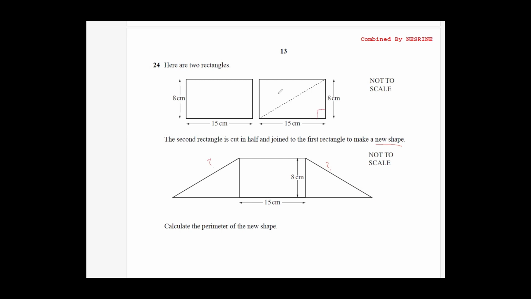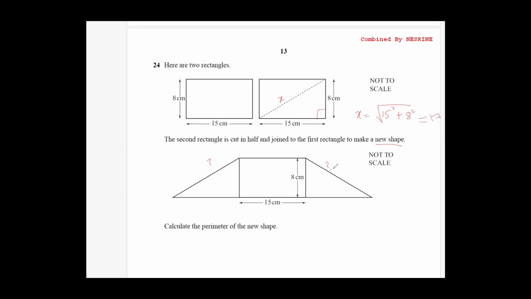Using this, we can find out this as x is equal to square root of 15 square plus 8 square. And that is going to give us square root of 289. Taking its square root, that would give us 17.